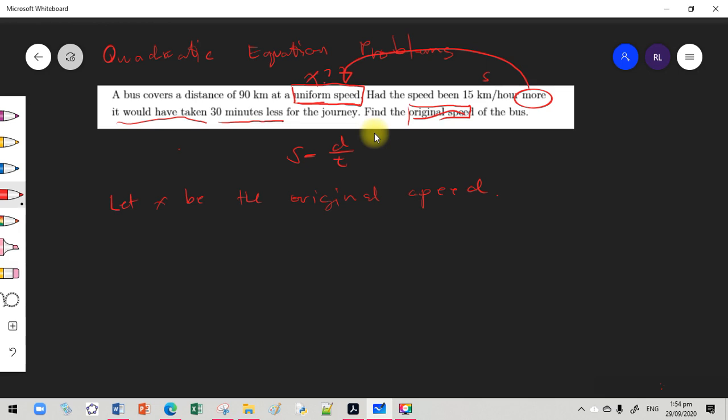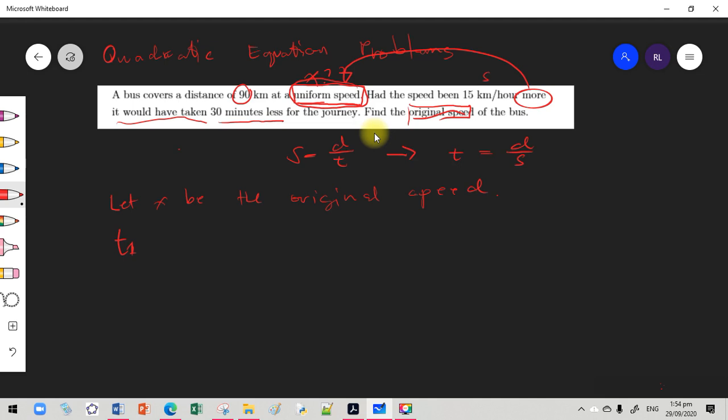Let us say t sub 1. Let us note that t sub 1 here is the time in which the bus covers 90 kilometers, the original time with the original speed. We know that t is equal to d over s.